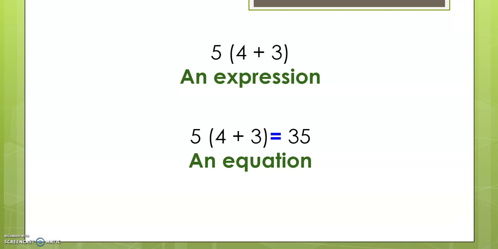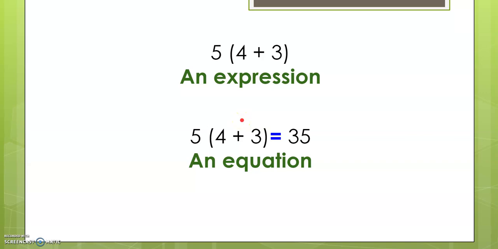Here is an example of an expression. When an expression is worked out, it is called an evaluation of the expression. So when you see us solving 5 times 4 plus 3, and we have the number 7 here, and then we have 5 times 7, and then down here we have 35.